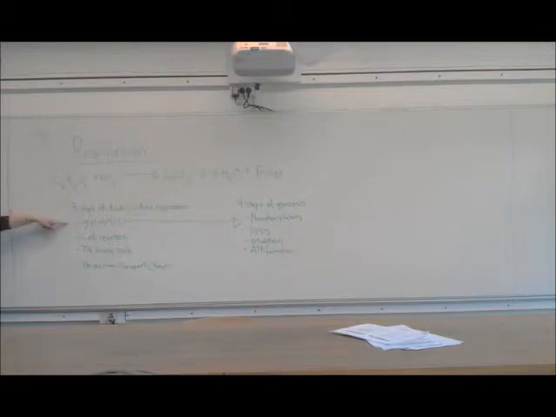We have 4 steps in this aerobic cellular respiration. We have glycolysis, where we have the glucose, the C6H12O6, which is converted into pyruvate.